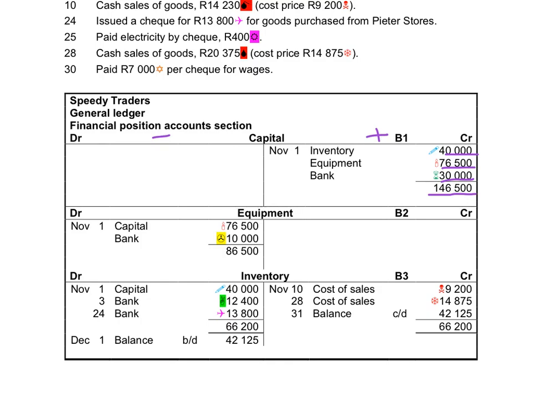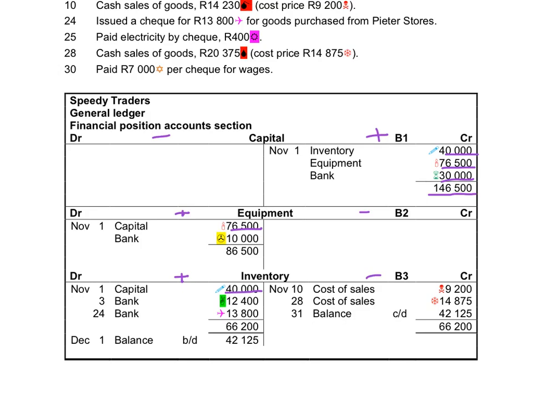Then the equipment account will be debited with the value of the equipment because equipment is an asset and assets increase on the debit side and decrease on the credit side. Inventory will also be debited because it's an asset and the asset increases with the 40,000.